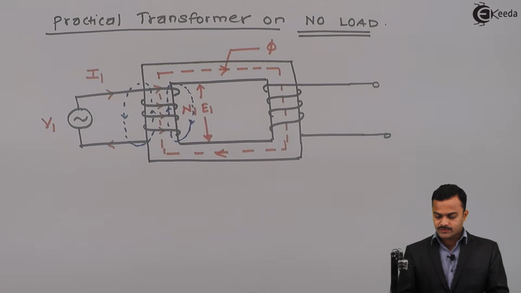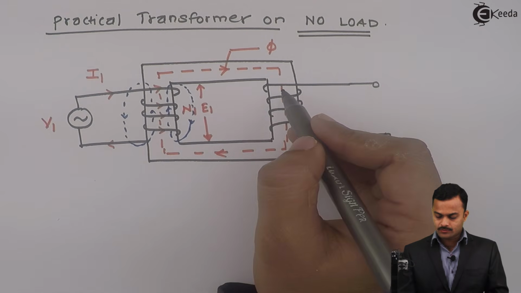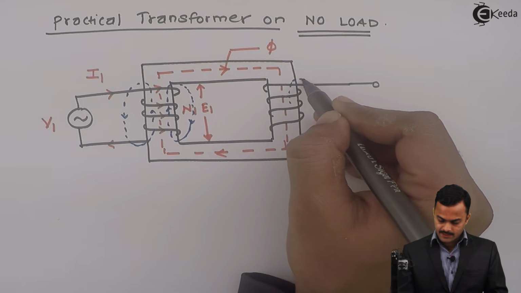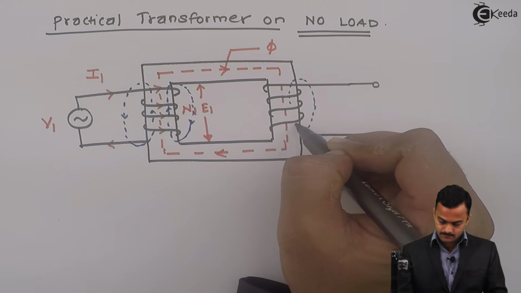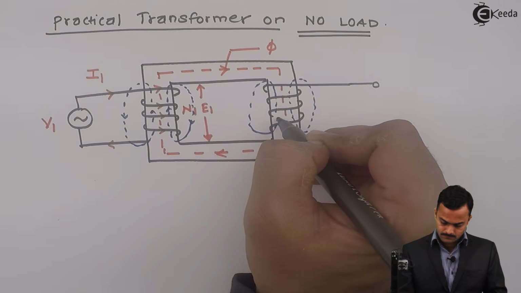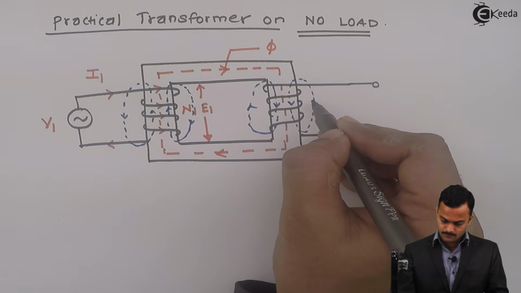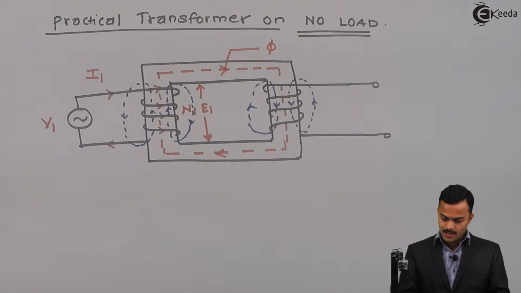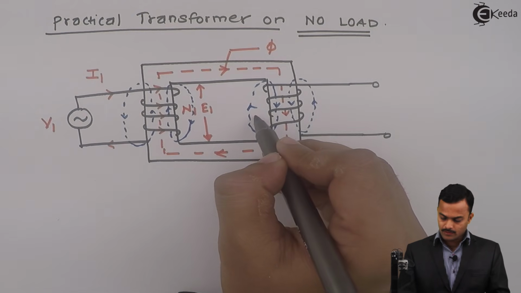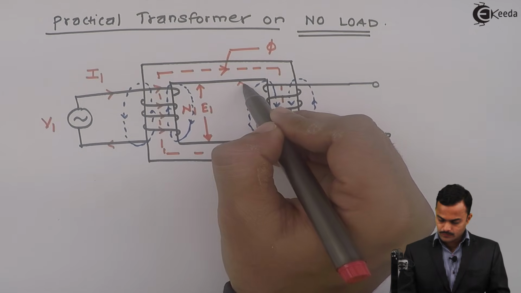Now, the same flux phi is linked with this winding, and here also some amount of flux is going to be wasted in air like this. And the maximum part of the flux will link with this winding having N2 turns, which will give rise to EMF E2.